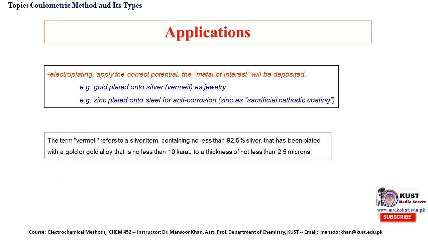One is vermeil, referred to as silver items containing no less than 92.5% silver that has been plated with a gold or gold alloy that is no less than 10 carat to a thickness of not less than 2.5 micron. So this is one of the important applications of the potentiostatic coulometric method, which is used in electroplating industries.